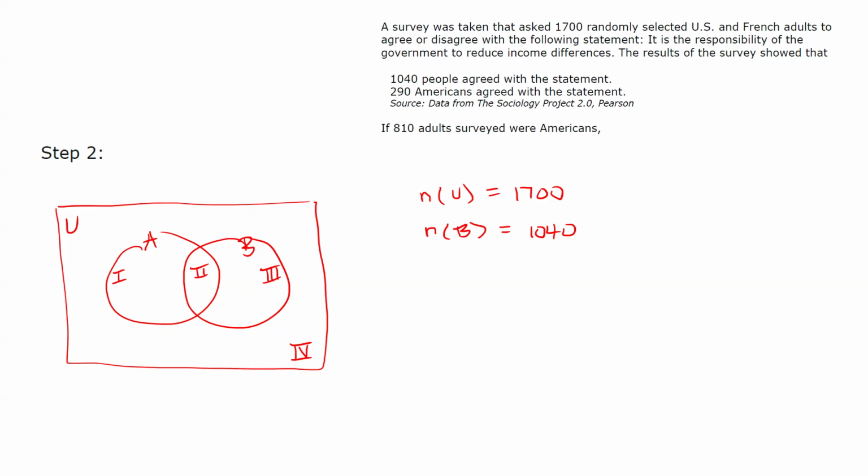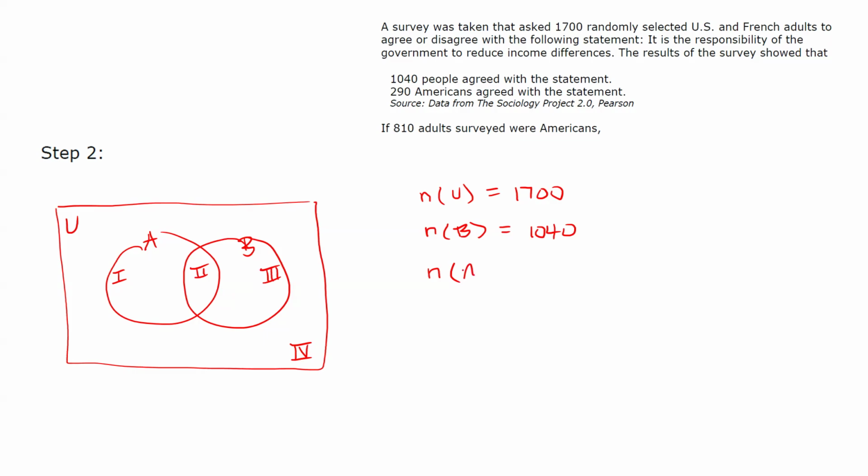We know that 290 Americans agreed with the statement. Well, we know Americans that were surveyed is set A, and we know set B is going to be the number of people who agreed or adults who agreed.